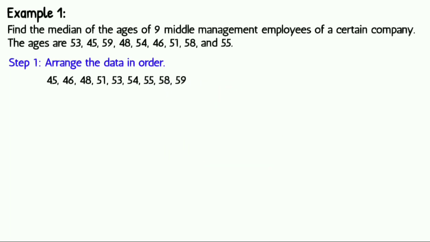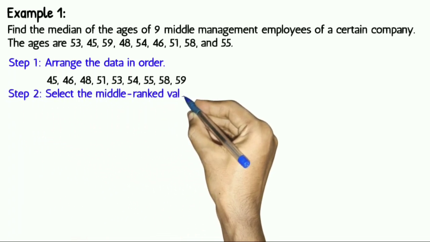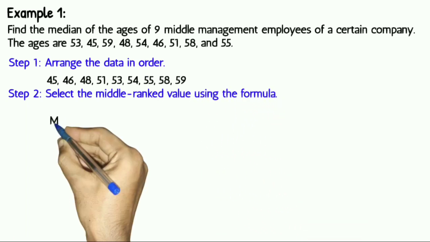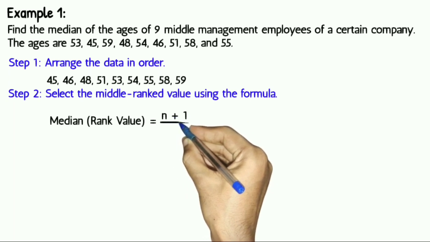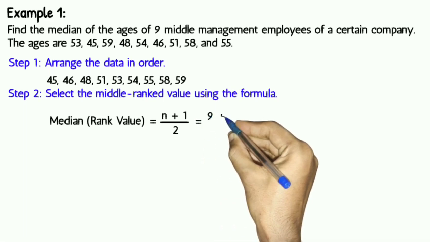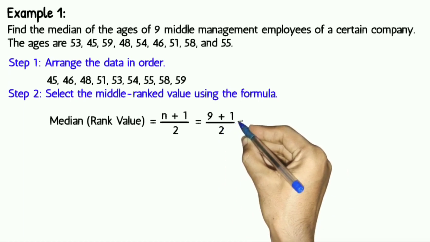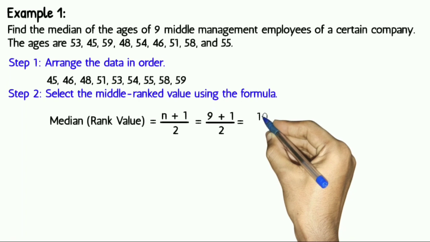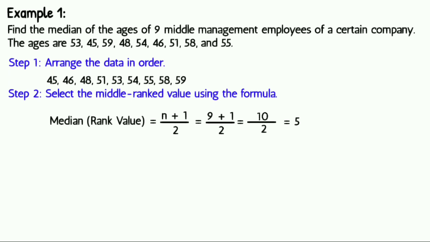After that, ang ating step 2 ay select the middle rank value using the formula for median. Median is equal to n plus 1 over 2. The number of values is 9. So that means 9 plus 1 divided by 2. 9 plus 1 is equal to 10, divided by 2 is equal to 5. Take note, ang ating n ay odd. So follow rule number 1.